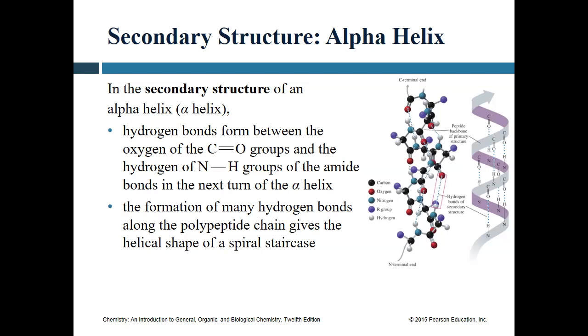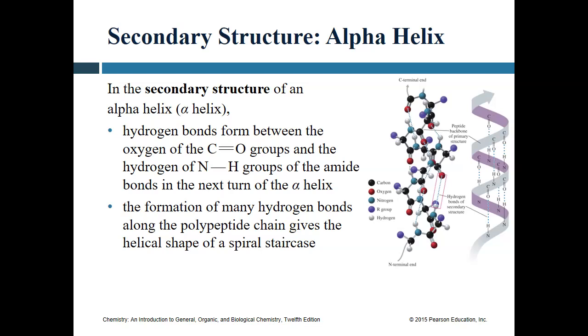And right away, that shape is a lot more stable and structurally sound compared to the chain that existed before. Because we've got all of these interactions existing between all of the atoms inside the molecule and themselves, that makes it much less likely to be broken down. So that's one type of secondary structure.